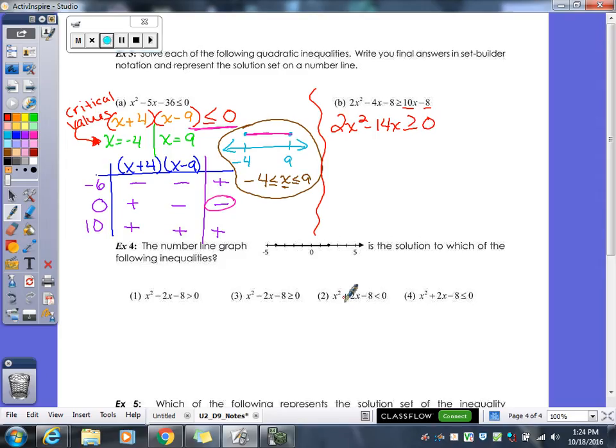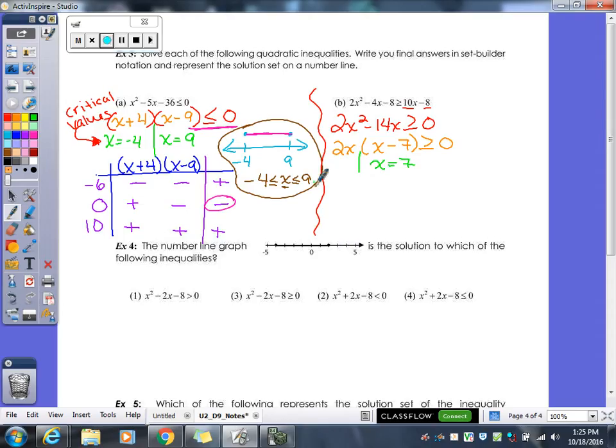This is a GCF factoring. What is our GCF? 2x, very good. And then x minus 7 is inside the parentheses. So then what are our two critical values here? The one everybody usually sees first is your 7. x equals 7 is one of them.